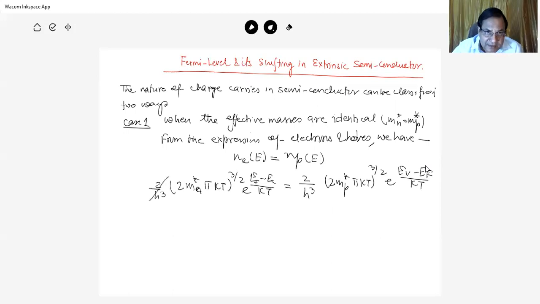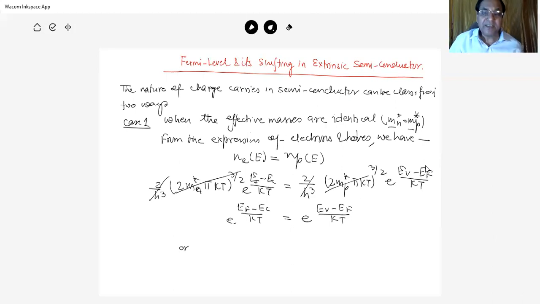So 2 upon h cube cancels. This whole expression is cancelled because we have Mn equal to Mp. So the remaining terms are (EF minus EC) upon kT equal to (EV minus EF) upon kT.